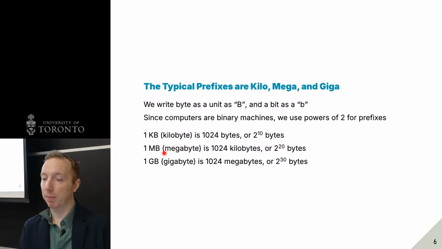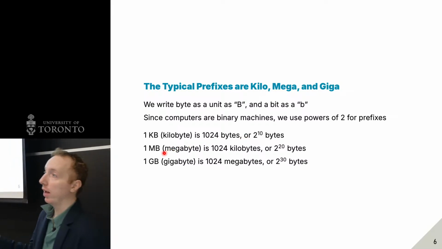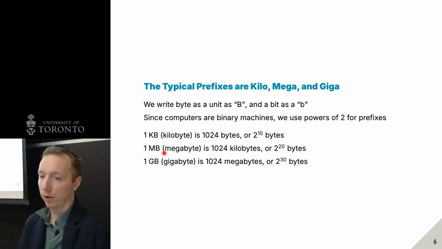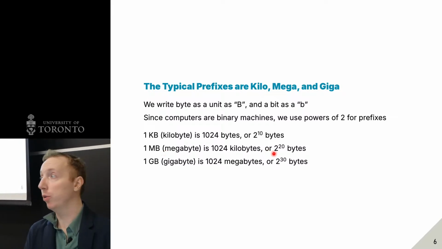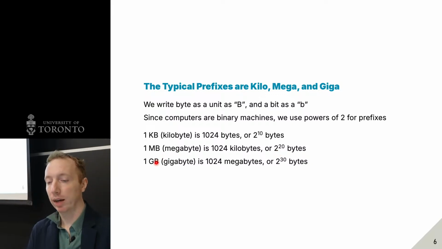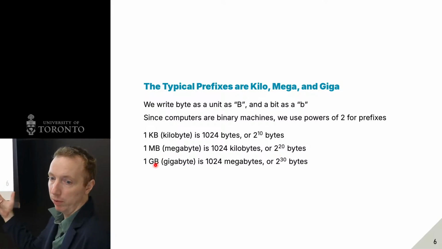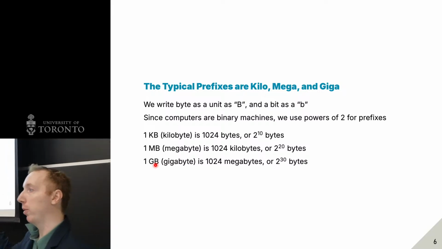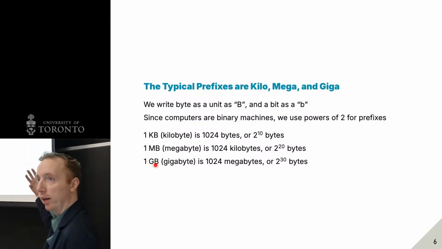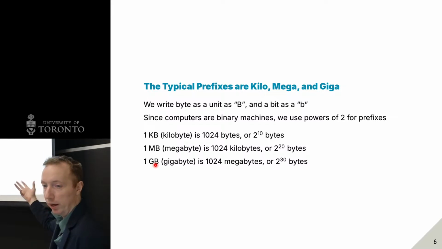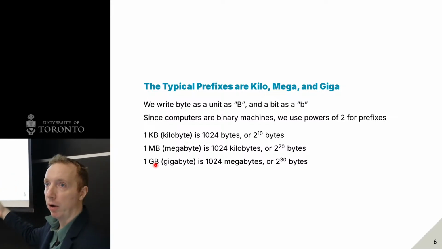And 1 megabyte is 1,024 kilobytes, or 2 to the power of 20 bytes. And a gigabyte is 1,024 megabytes, or 2 to the power of 30. The next unit of this is terabyte, so terabyte would be 2 to the power of 40.